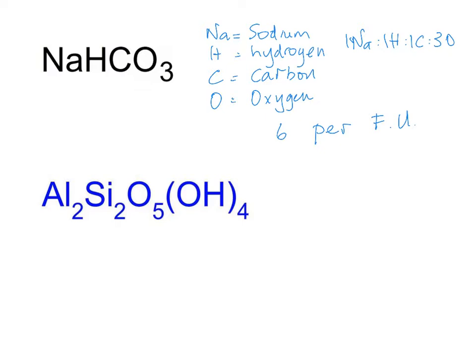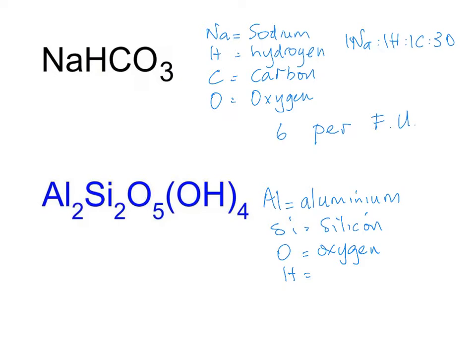Alright, so let's go through it. So we've got Al equals aluminium. Si is silicon. O is of course still oxygen. And H is hydrogen.